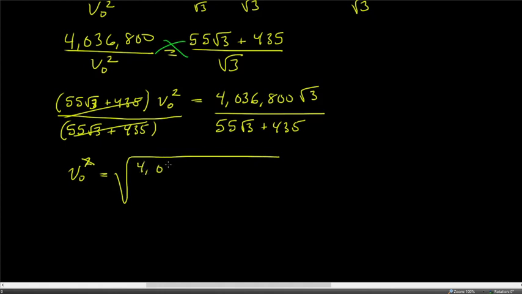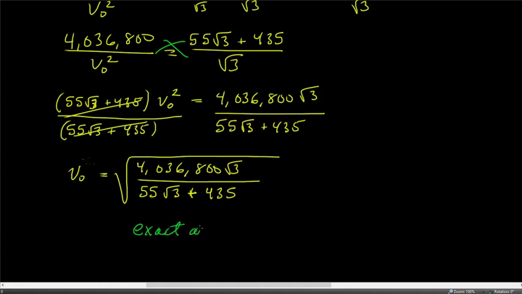So 4,036,800 square root of 3 over 55 square root of 3 plus 435. Yeah, so that's V0 itself. Right. So kind of a mess, but this sometimes happens. This should be the exact answer. And now just plug it all in your calculator to get the approximate answer, and I guess we'll round to the nearest tenth.